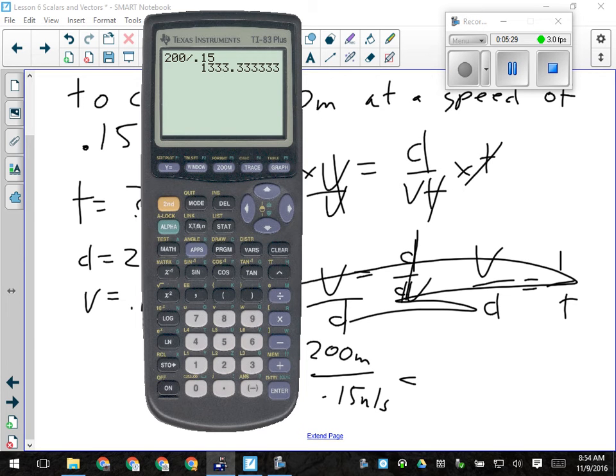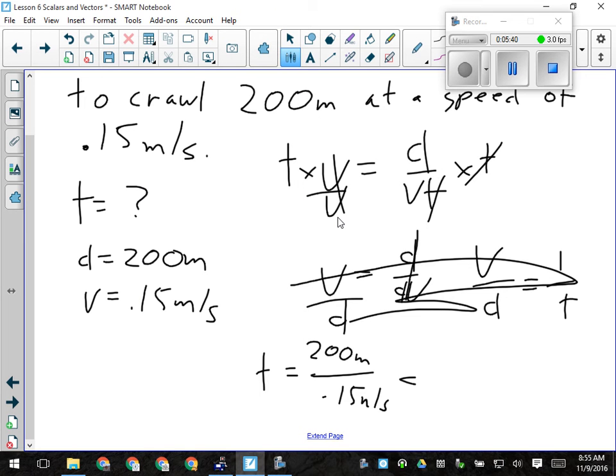Okay, it's going to take 1,333 seconds. That's 22 minutes. So it's a long time to go 200 meters. I would leave that as 1,333.3 repeating seconds.